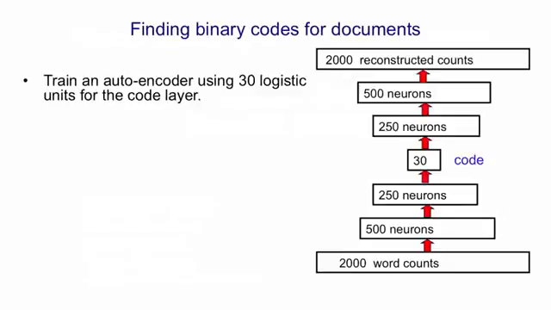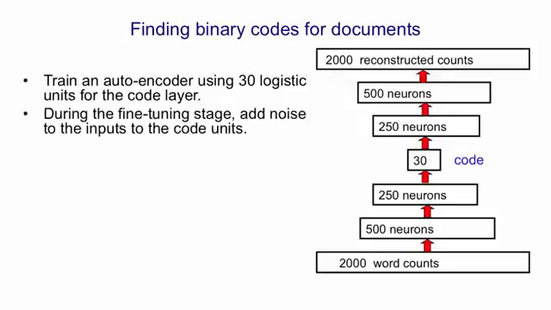That by itself is not sufficient, because the logistic units will be used in their middle ranges where they have real values in order to convey as much information as possible about the 2000 word counts. To prevent that, we add noise to the inputs to the code units during the fine-tuning stage.